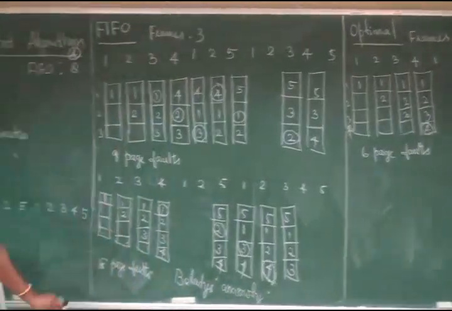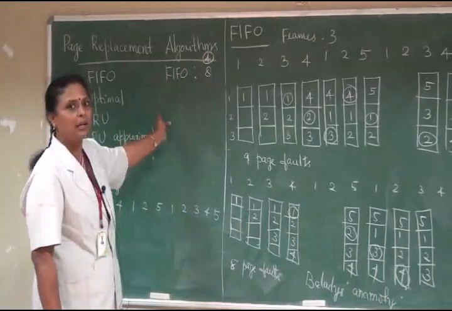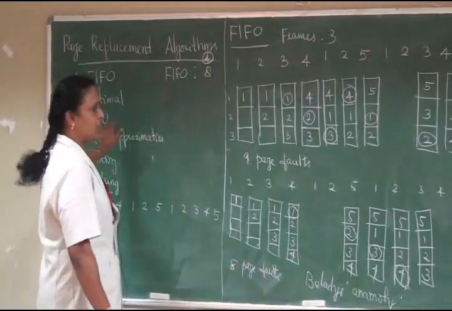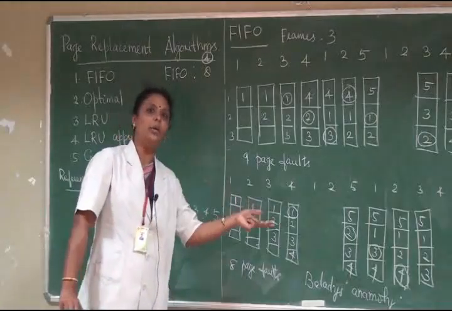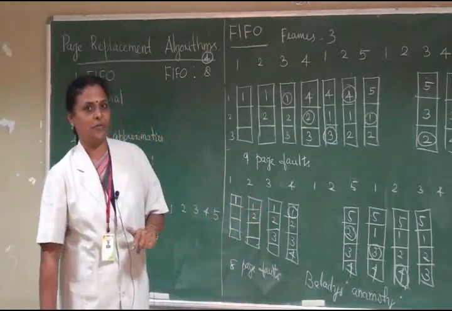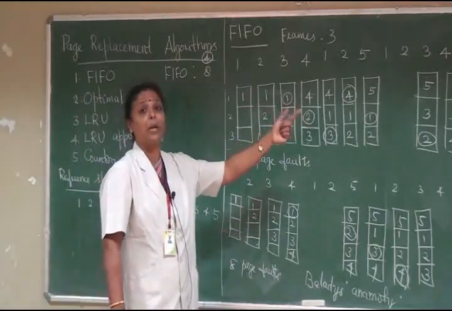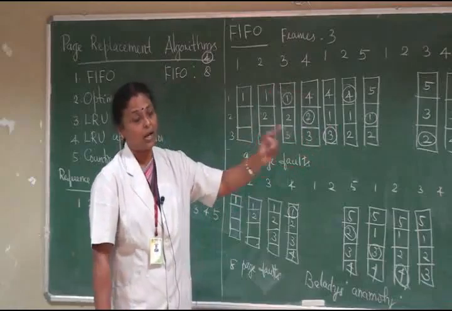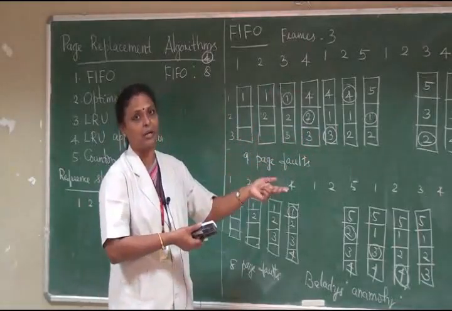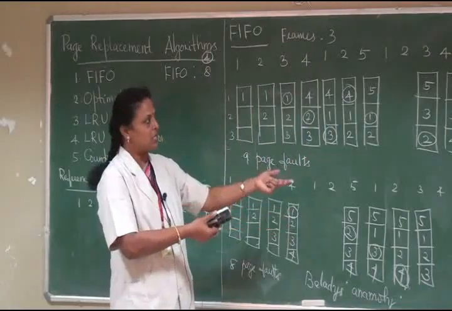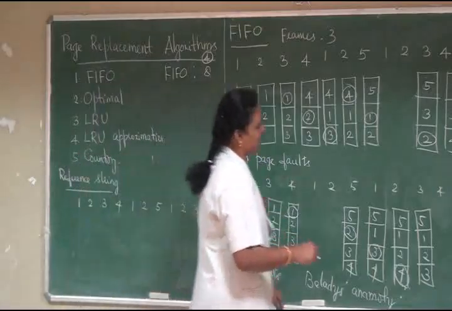The next, let us move to LRU. So LRU is nothing but least recently used. In the least recently used algorithm, we have to select a victim page which has not been used for longest period of time. Here in optimal, we decided the victim page based on future information, but in LRU we have to select the victim page based on the past or previous information.